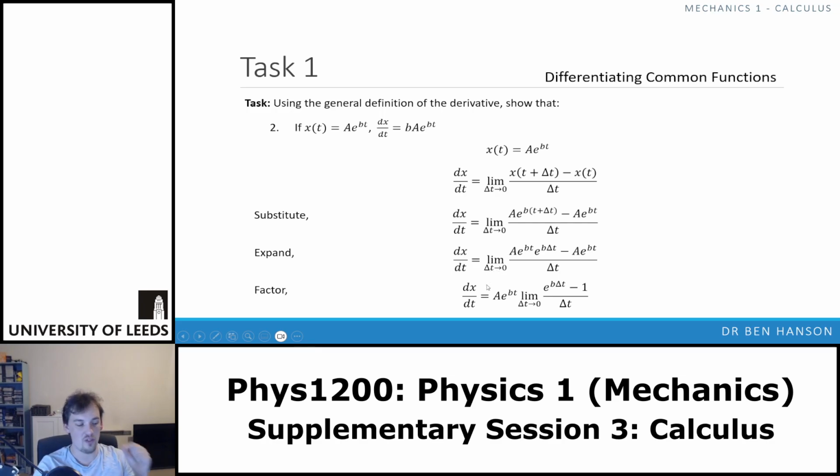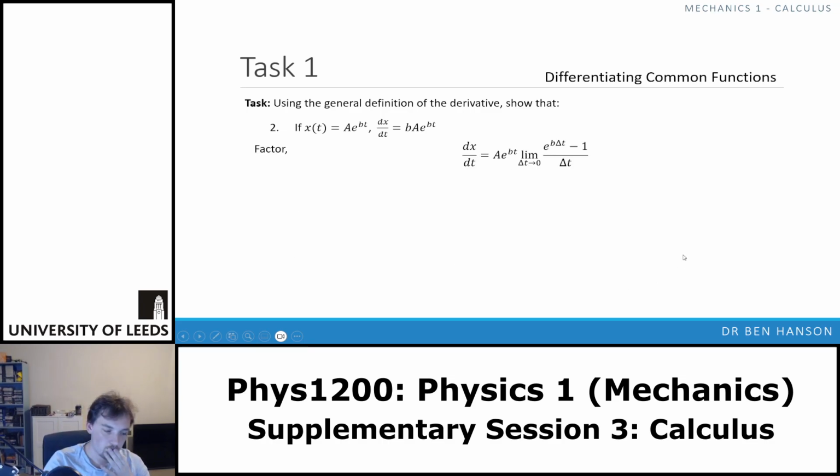Delta t is its own separate thing, so that can all come out. Now we've got dx by dt is equal to a e to the bt, limit as delta t tends to 0, of e to the b delta t minus 1 divided by delta t. And that is as simple as we can get this.